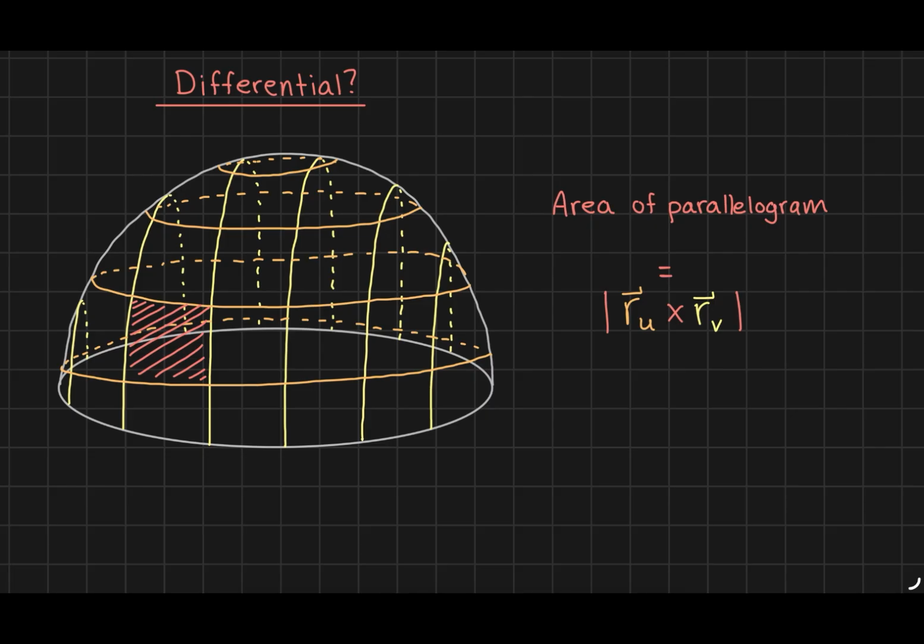So our r sub u is going to be the orange partials on our surface, and our r sub v is going to be the yellow lines on our surface.